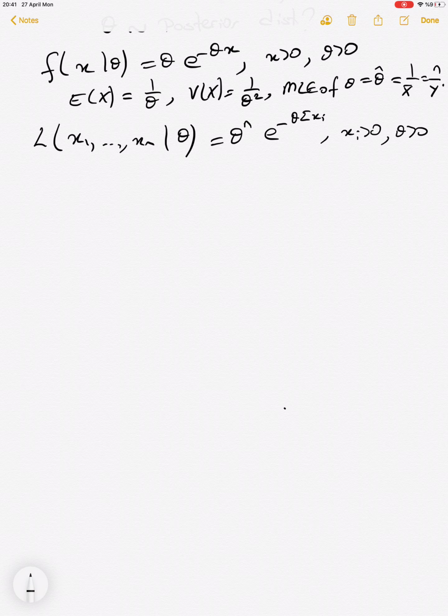Summation xi is the statistic here, also positive. It's given that the prior distribution of theta is gamma with alpha and 1 over beta. Okay, so let's write the gamma PDF with these parameters, but right now this is a distribution of theta, so we have to replace x by theta. Be careful about that.